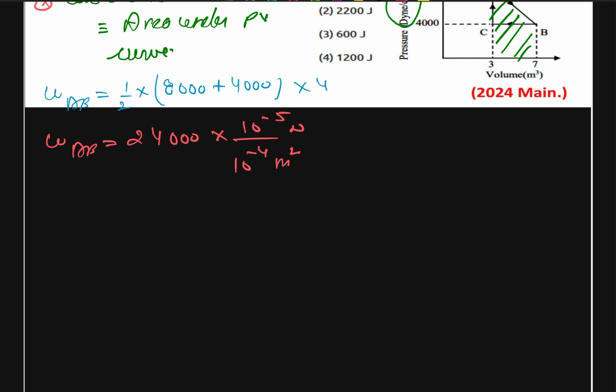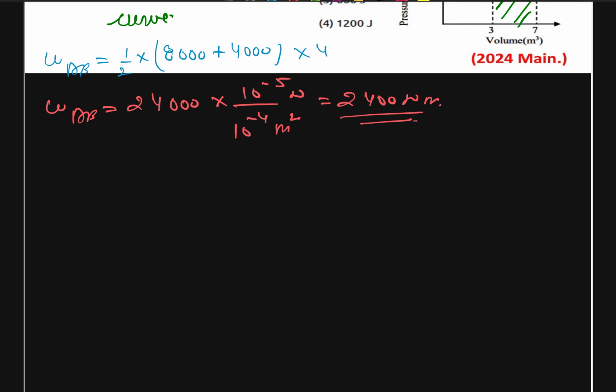So we get this will be equal to 2400 Newton meter. Now we come to BC.